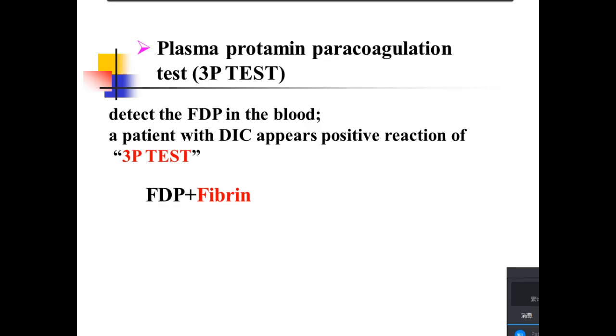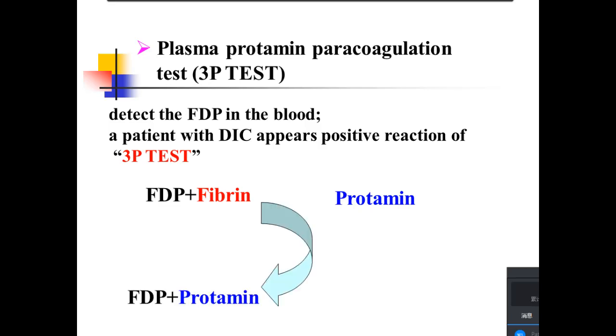Now, if protamine is added to the blood, protamine can combine with FDP and form a protamine and FDP complex. So, which substance becomes free? Fibrin. So the patient's blood will have a lot of fibrin. Now, a lot of fibrin can form a clot.